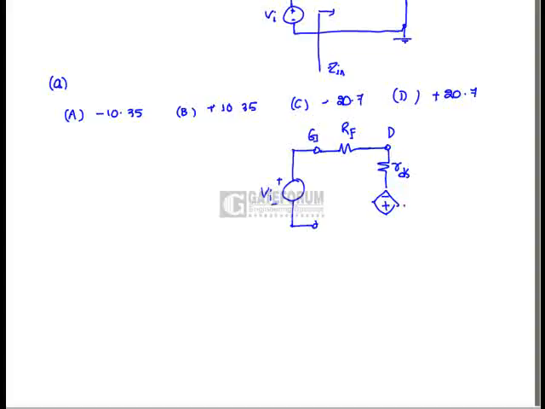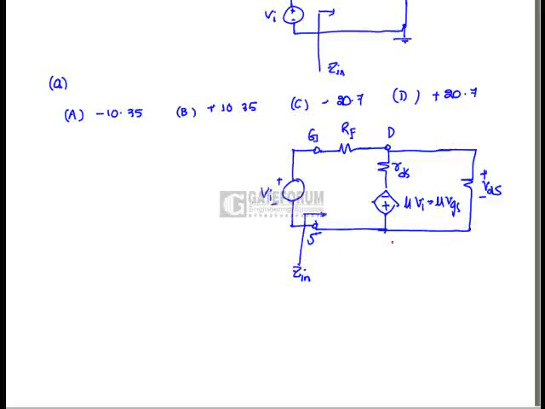Minus plus mu Vi equals mu VGS. This is the source terminal, with the load resistance between drain and source. This is Z in, here is Z out.